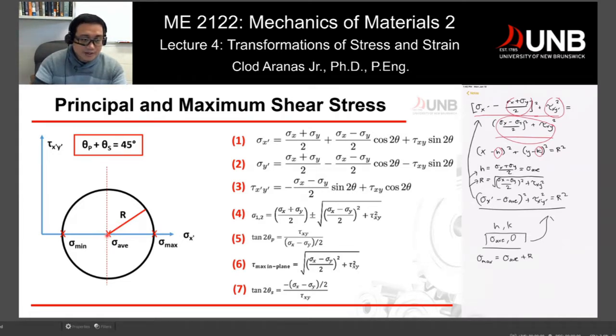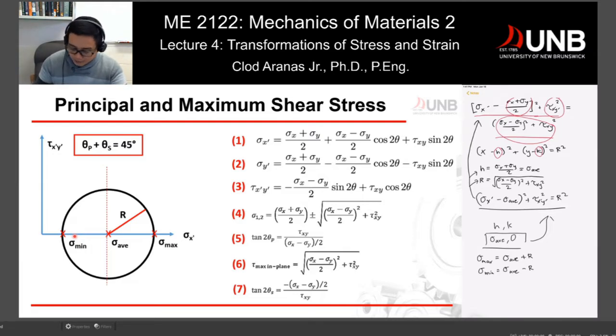That would be this point plus this length right here. How about your minimum stress? Using our average right here, it's just your average stress minus r, and then you get the corresponding value for your x-axis, which is x minimum. So my x minimum would be equal to your average normal stress, x and y, minus r.